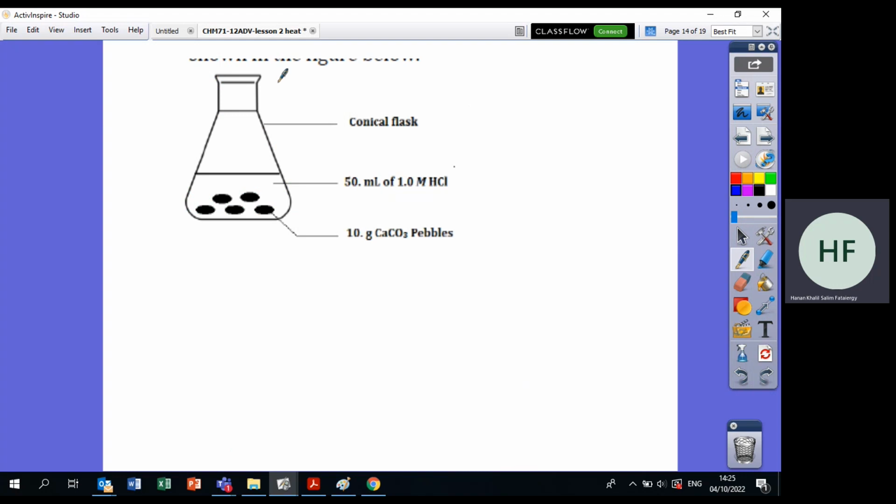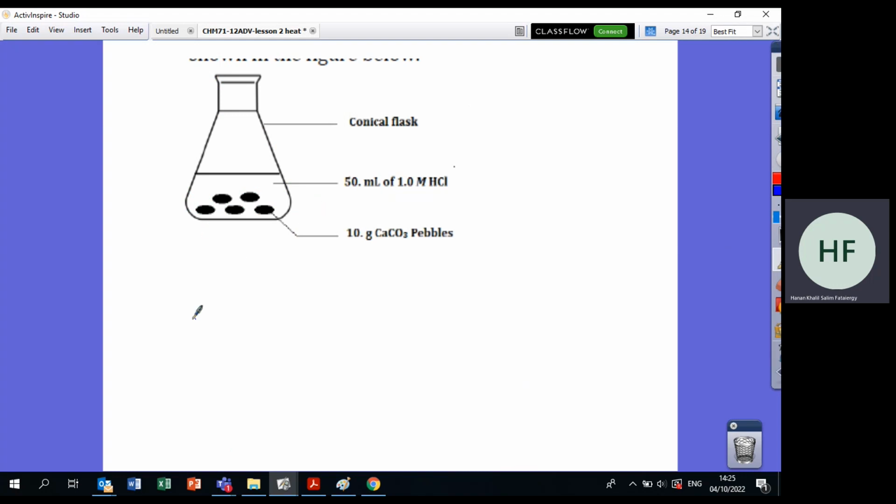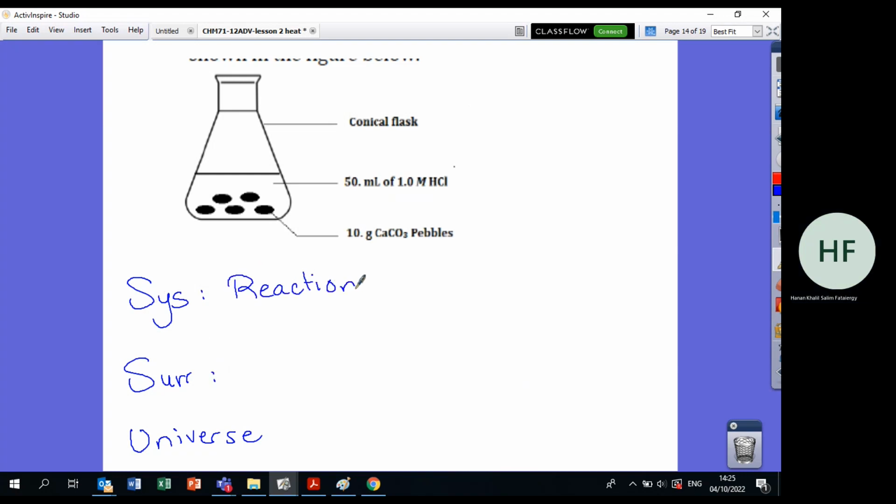Okay, let's do this practice. You have to identify in this which one is the system, which one is the surrounding, and which one is the universe. As you know, the system is the reaction. Who is doing reaction here? CaCO3 and HCl. So this is the system. Now the surrounding is the flask, and you can say the air around the flask.